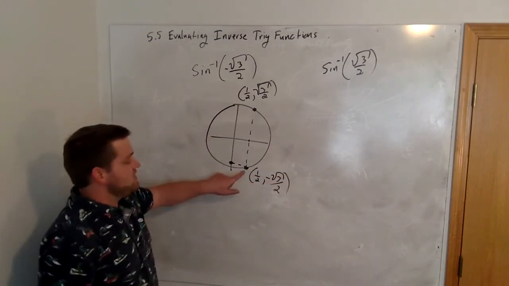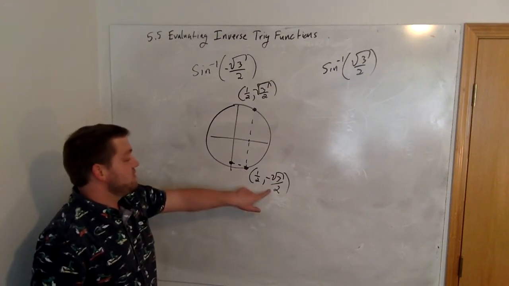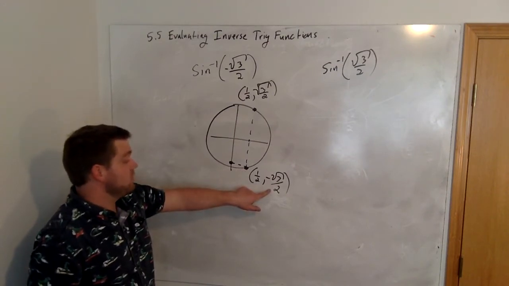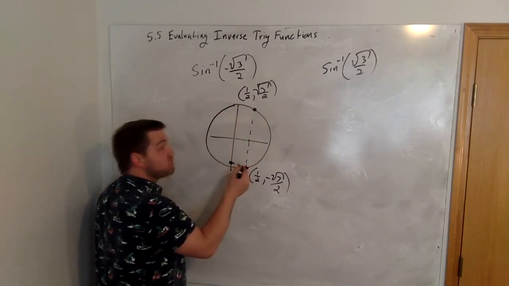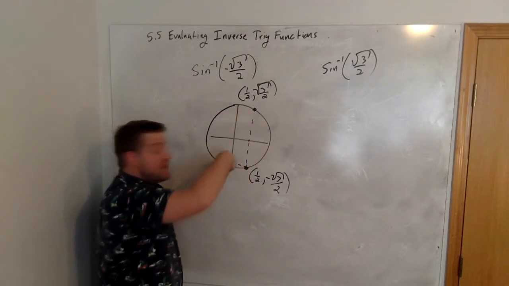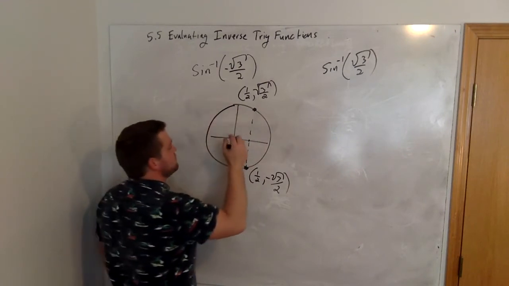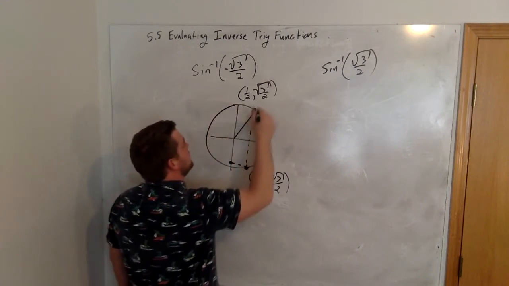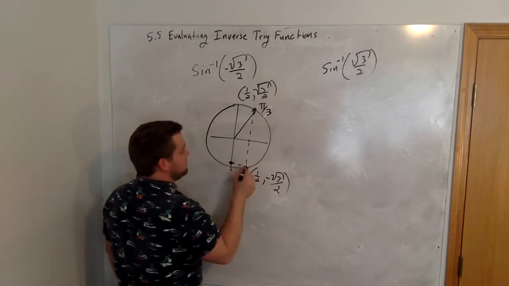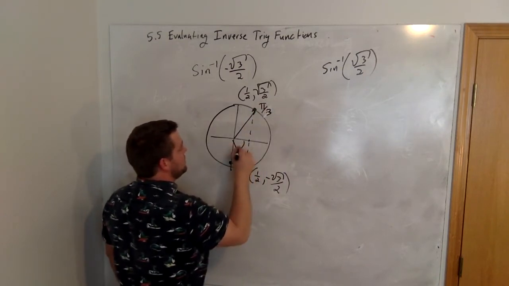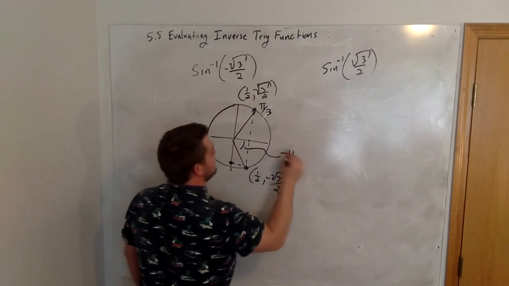So I want to report the angle that gives me the output of sine of negative root 3 over 2. I don't want to report this angle because remember, sine inverse only spits me out angles between negative pi over 2 and pi over 2. So if this angle right here is pi over 3, this angle right here is going to be negative pi over 3.